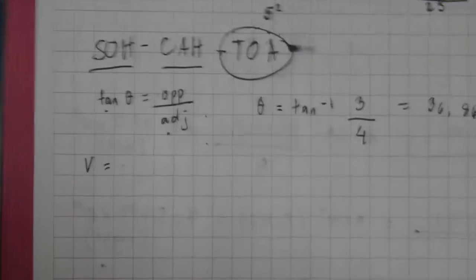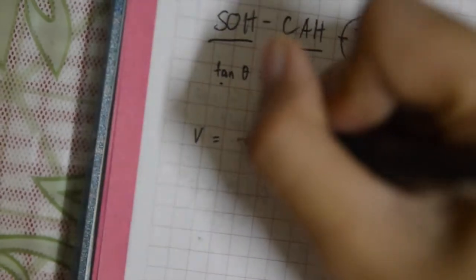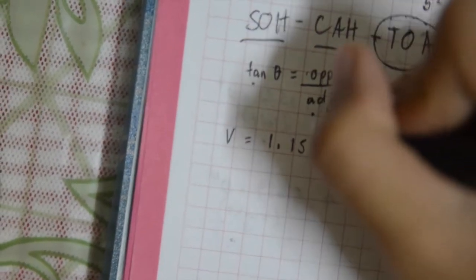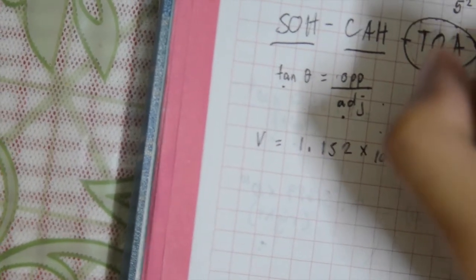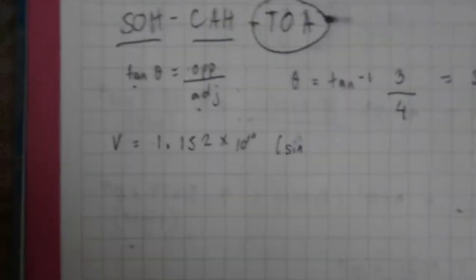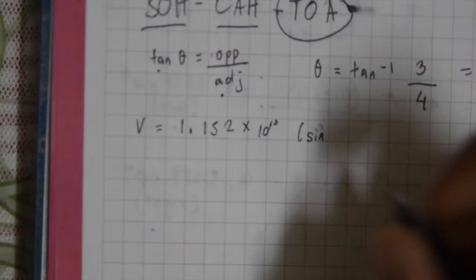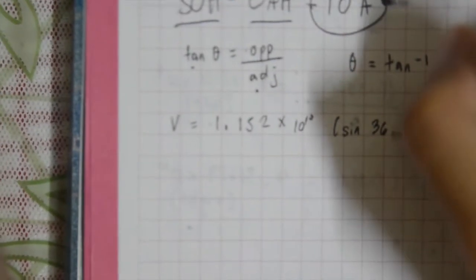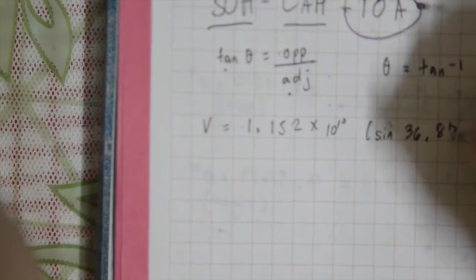So we will have 1.152 times 10 to the 10th times sine 36.87.